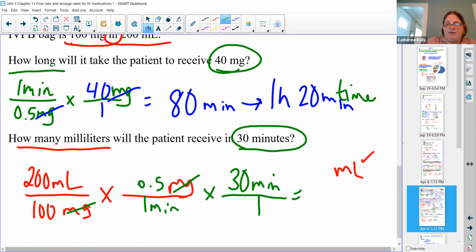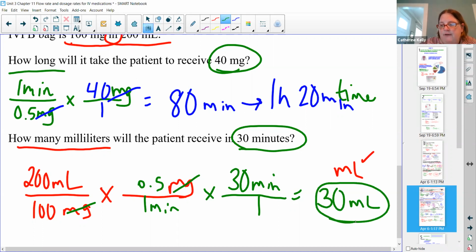I'm going to do my math. And my math would be 200 times 0.5 times 30, and you get 3,000. And you're going to divide that by 100. And you'll get 30 milliliters in 30 minutes.